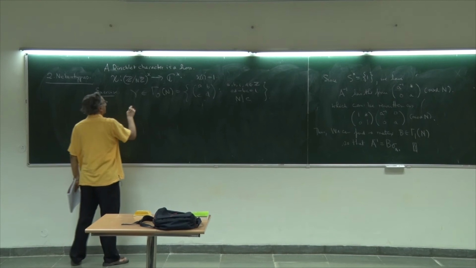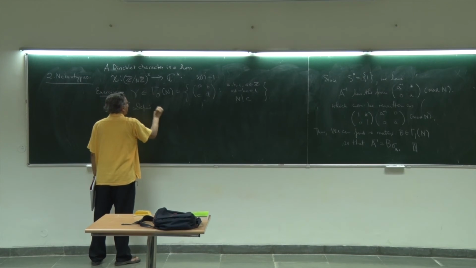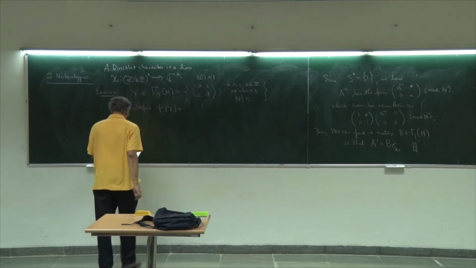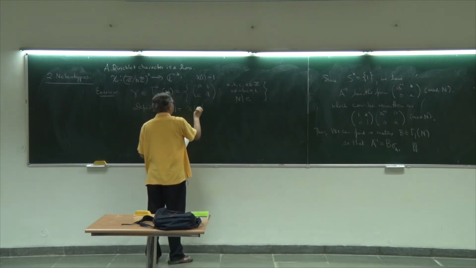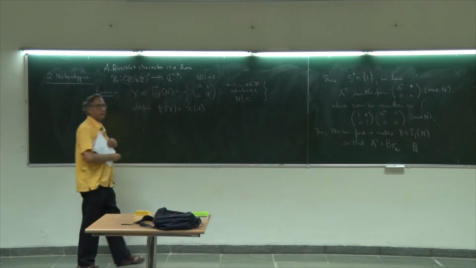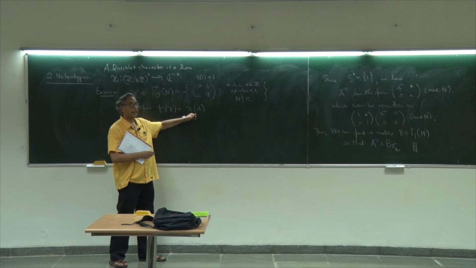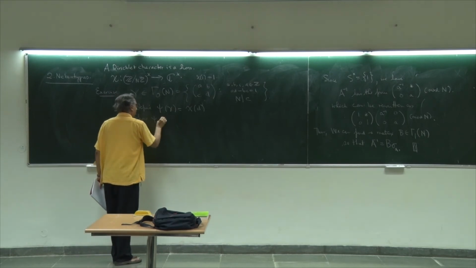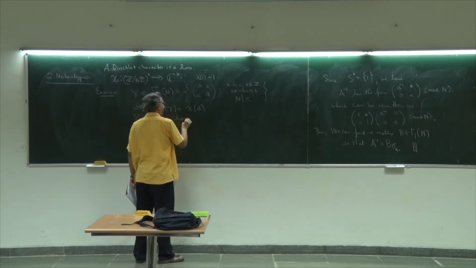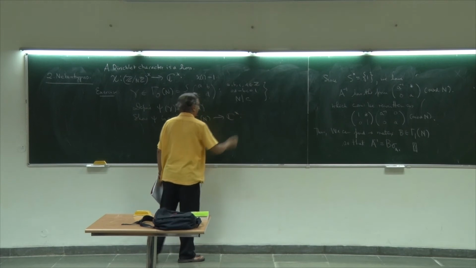Oh, I didn't finish the exercise, sorry. So gamma is this, and I want to define psi of gamma to be chi of d. You take a matrix A, B, C, D, and you define psi of gamma to be chi of d, and I claim psi is a homomorphism from gamma naught of n into C cross. So show that.